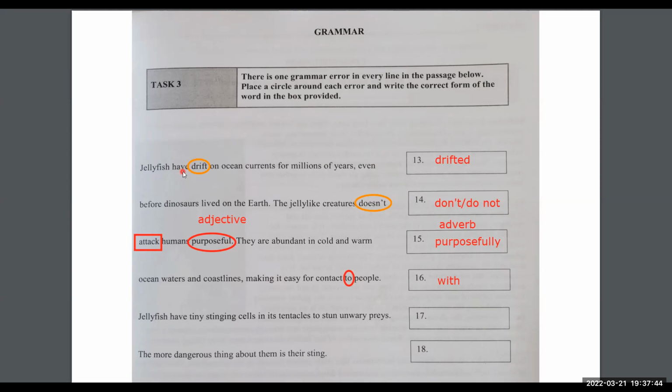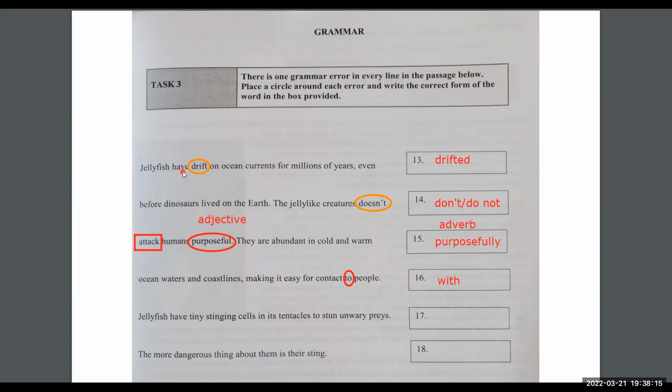So what have is telling us is that jellyfish is being used as a plural noun here. So jellyfish is plural, so we can say jellyfish have, and that's fine. So what should we change? We could leave preys as it is, actually. There's something else that looks a little bit off.